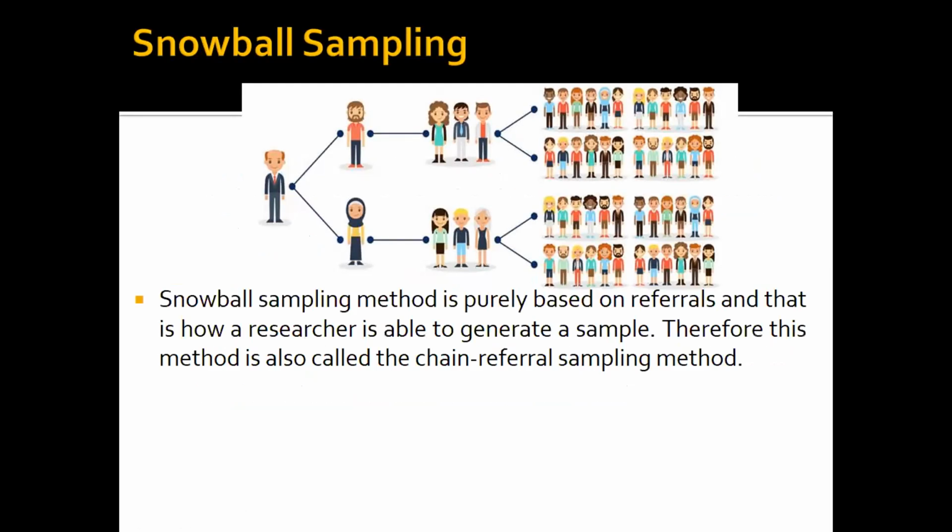Then there is the snowball sampling technique, which was very commonly used in lockdown days when a lot of Google form based research studies were conducted. This is a referral method. Suppose this person started conducting a research.